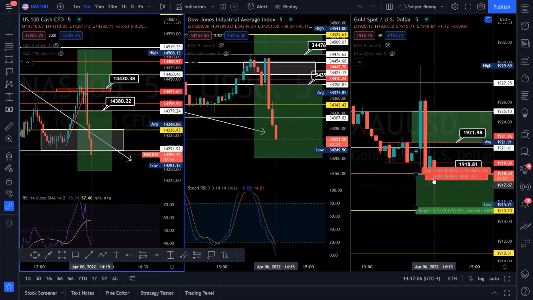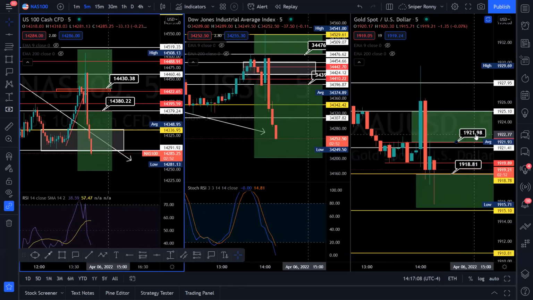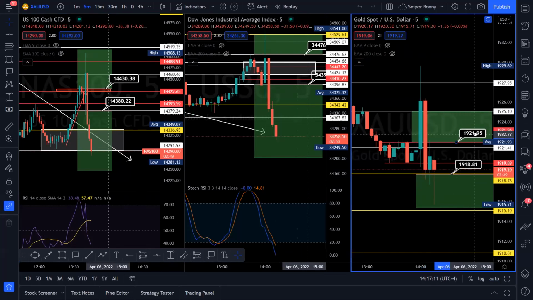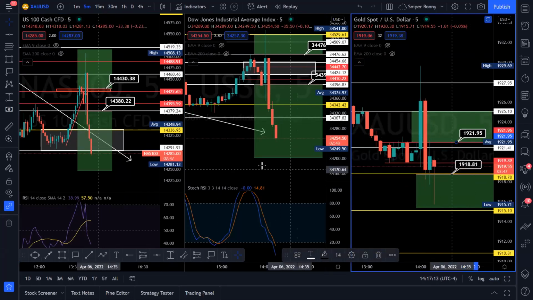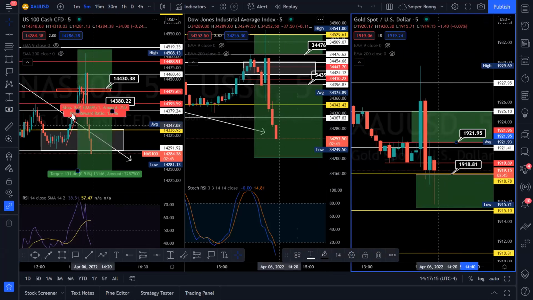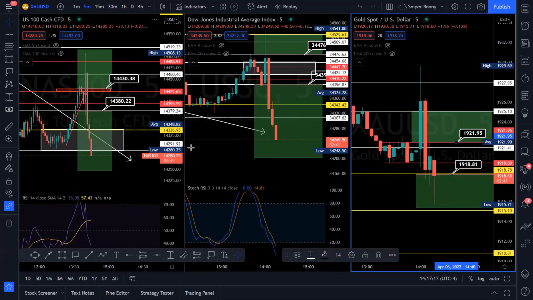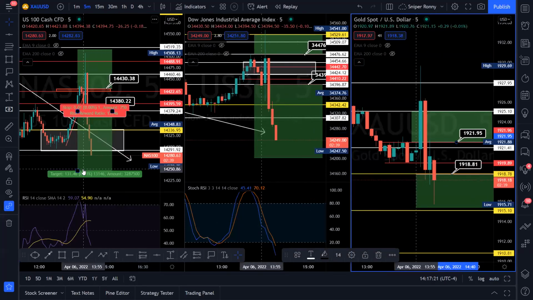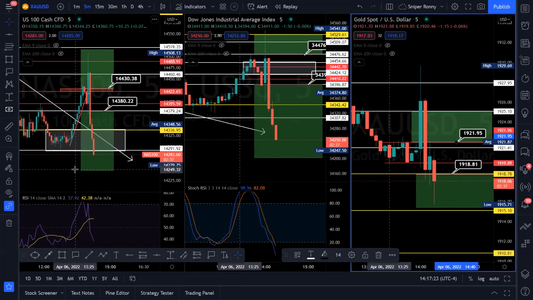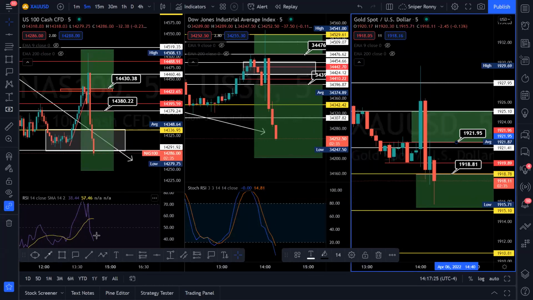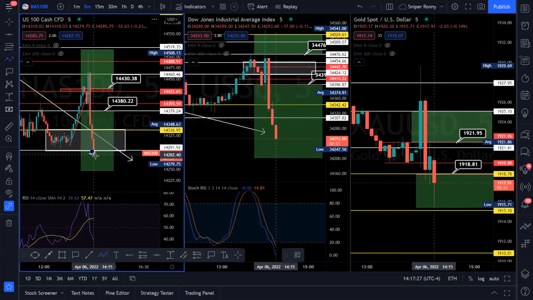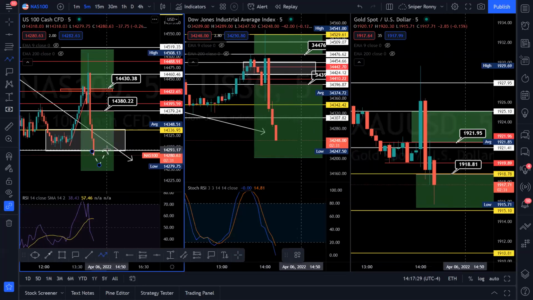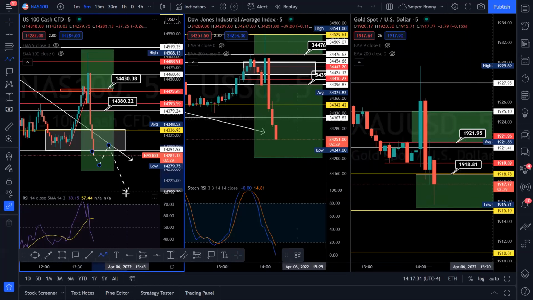Okay, so it came down, gold. If it bounces back up, we could watch this area again, 1922, for a possible retracement. But the markets, guys, are just dropping. Wow. We could be looking for maybe a bounce, but don't get trapped with a bounce, guys, okay? Because it could come down, bounce again, come to that trend line and drop even further.